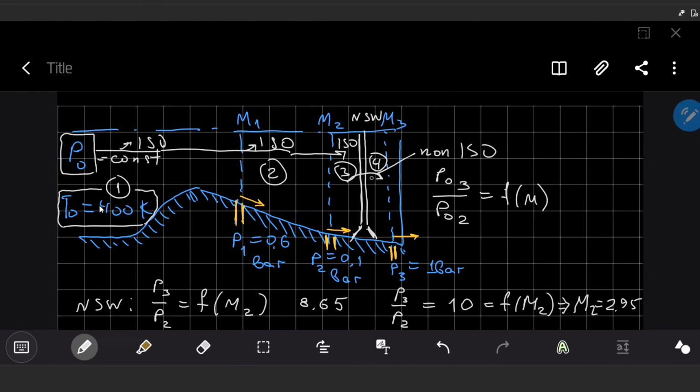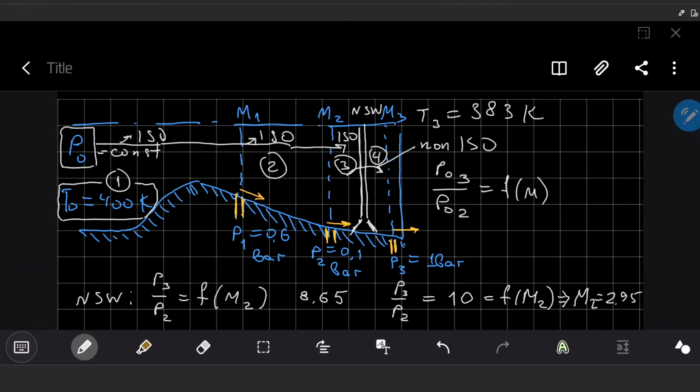After the flow transits through the shock wave, the Mach number significantly drops and at the same time the temperature significantly rises. So this T3 is 383 Kelvin, theoretically calculated. We assume that this estimation of the temperature is very close to the real temperature values.